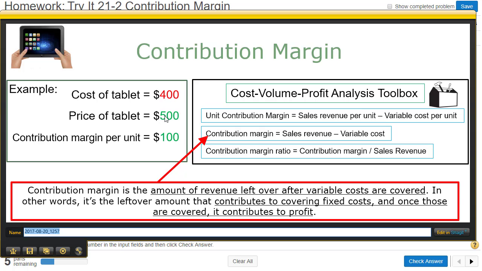So the contribution margin per unit is $100. So that means every time Ted sells a tablet, he has $100 of revenue left over after the variable costs are covered. In other words, the $100 is a leftover amount after a sale that contributes to covering Ted's fixed costs. And if he covers those fixed costs, then that amount contributes to profit.